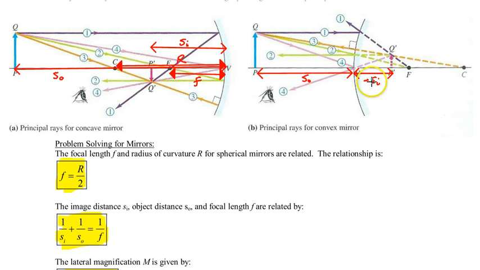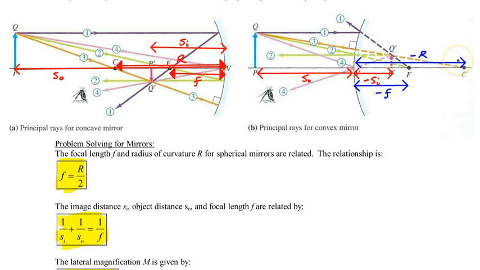Then we have the focal length, which is the distance between the focus and the center of the mirror. That focal length is negative as well because it falls behind the mirror. So that's one of our sign conventions I'll mention in a minute. And there's the radius of curvature between the mirror and C. Once again, that's also negative because it's behind the mirror.